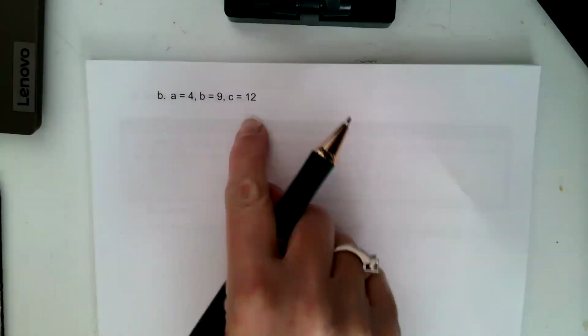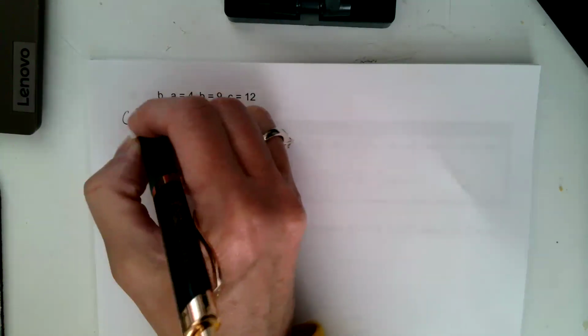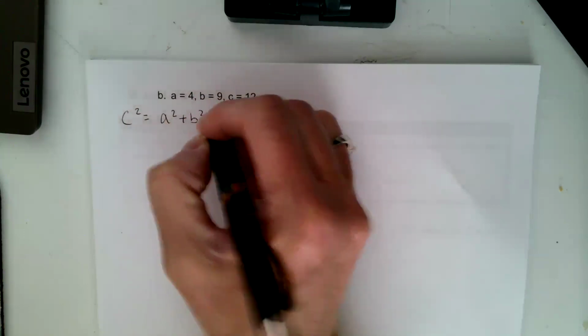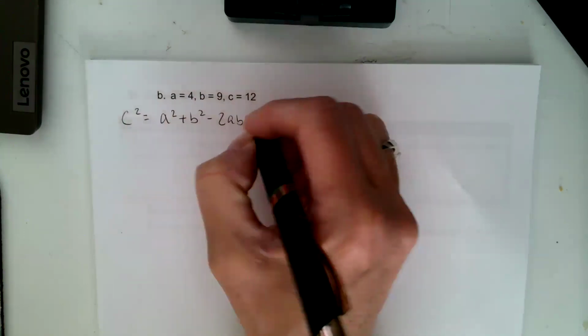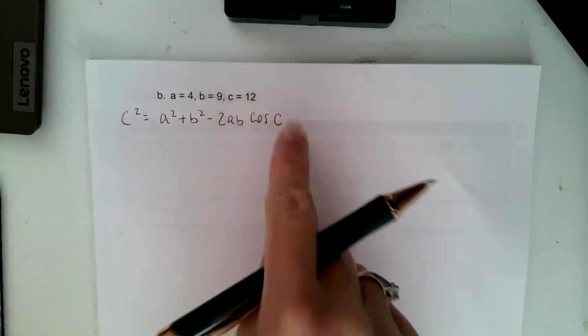Now, under B, I'm giving you just the 3 sides of the triangle, and we're going to find the 3 angles. So I'm going to start with C, just because. I know that c squared equals a squared plus b squared minus 2ab cosine of angle C, which we don't know.